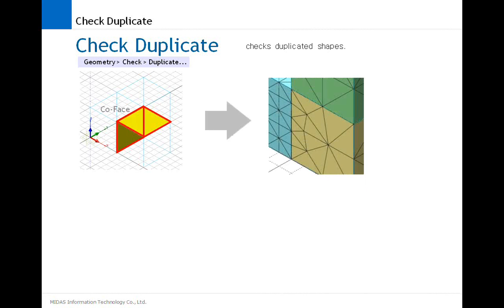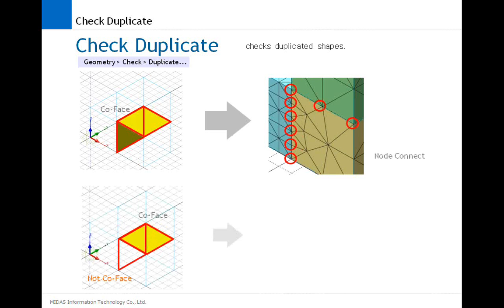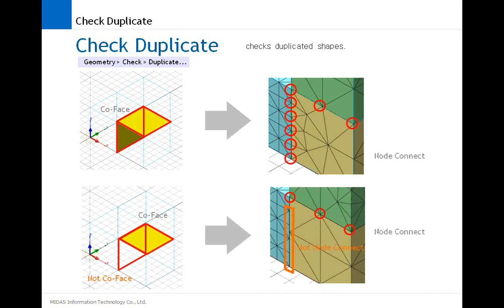If they have co-faces, there exist some duplicates, and there is no problem with the nodal connectivity in meshing. It's very good. But if you don't have any co-face, then there exists some nodal connectivity problem, and because of this it's very hard to find where you have committed a mistake. So the best way is to delete all the meshing and check the duplicates.